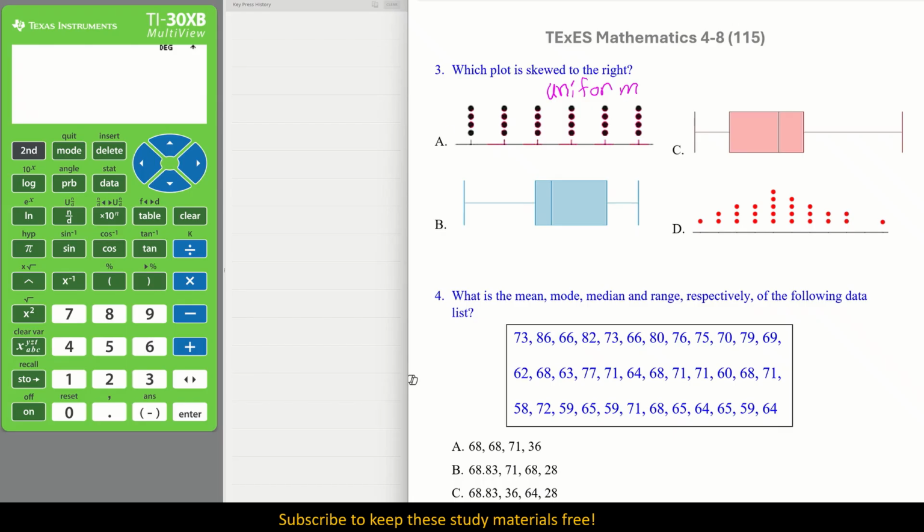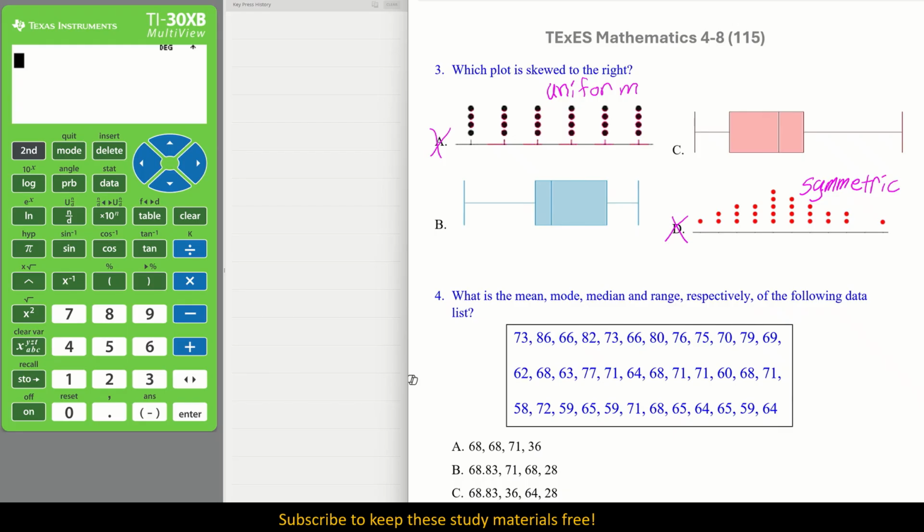So that's not what we're looking for. We're looking for skewed to the right. D, that is what we call symmetric. So it has symmetry. Maybe not completely symmetric, but it is considered symmetric, because it's close enough.